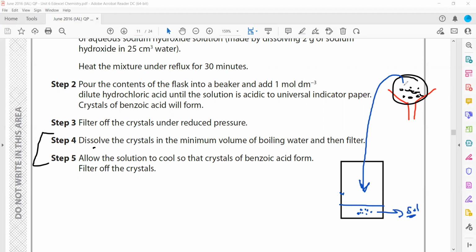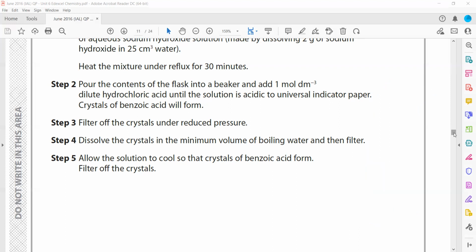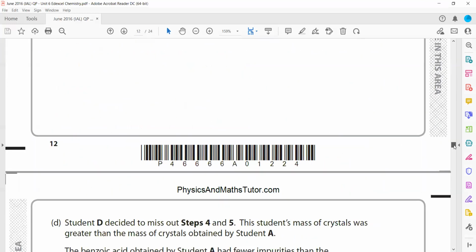Before, we had the crystals of benzoic acid as well as the impurity. But when we carry out recrystallization, the soluble impurities remain dissolved, and when we recrystallize, we obtain the pure solute. That's why recrystallization is always done to obtain a pure solute. So that was the question, what we call steps 3, 4, and 5. We call them recrystallization.